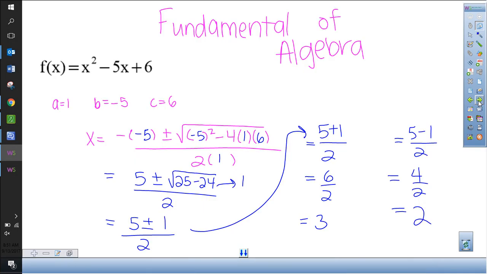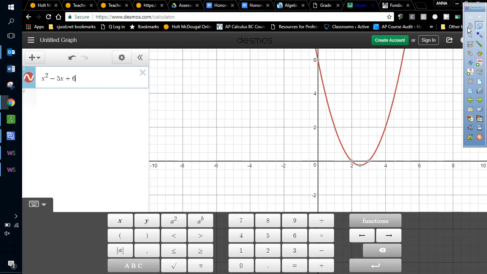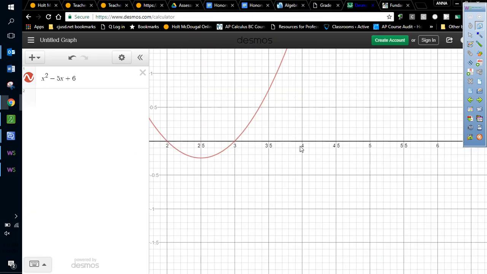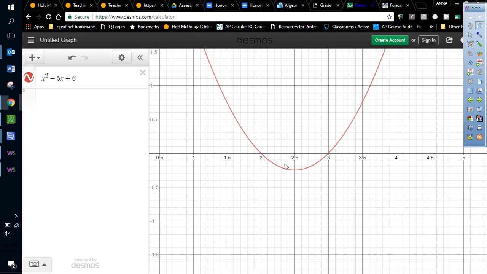All right, so let's check. So x squared minus 5x plus 6. And this is what the graph looks like. I'm going to go ahead and zoom in on the x-axis. And as I zoom in, I want you to notice that where it's touching the x-axis is 2 and 3.